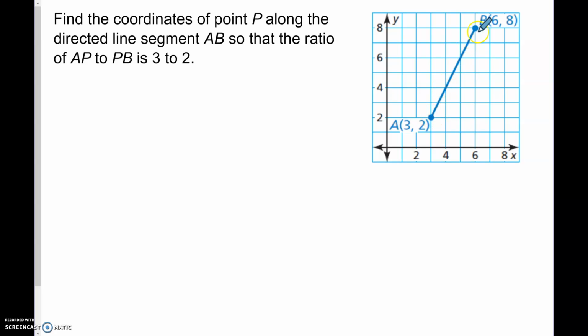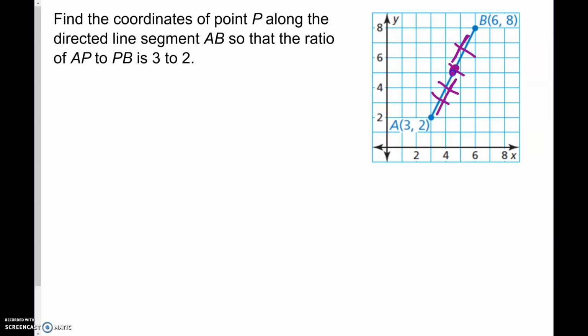So we've got points A and B, and what they're asking us to do is find a point P somewhere along the line so that they're in the ratio of 3:2. 3:2 means we're going to divide this line into 5 parts. So we have 1, 2, 3, 4 lines. When we look at it, we have 3 parts on one side and 2 parts on the other.